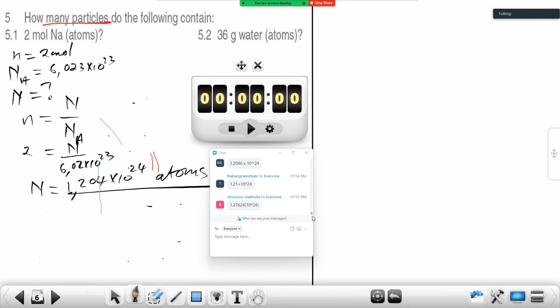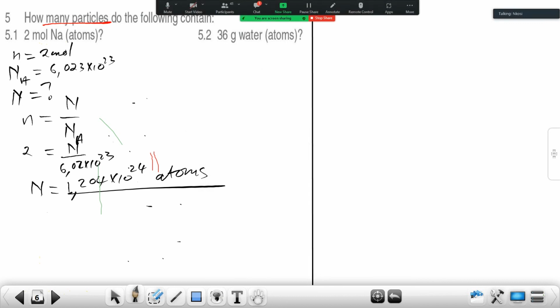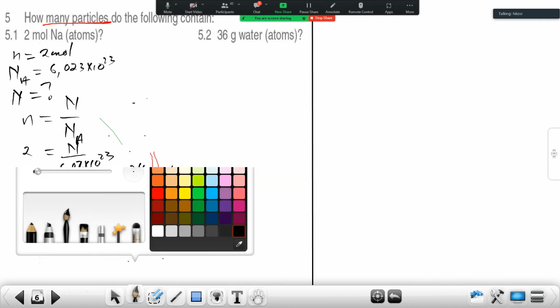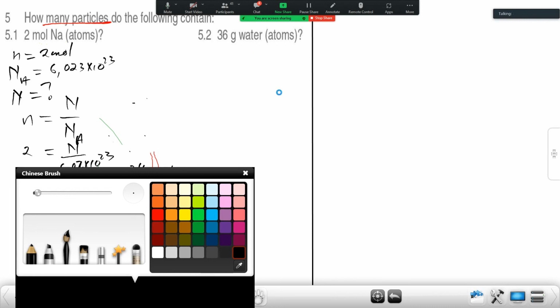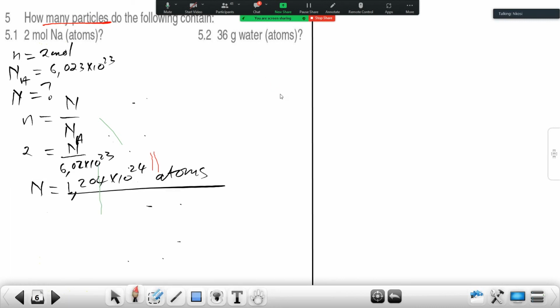Okay, thank you very much for your answers. Let's see if you did it the right way. The focus here is that I'm given the mass, which is in grams.